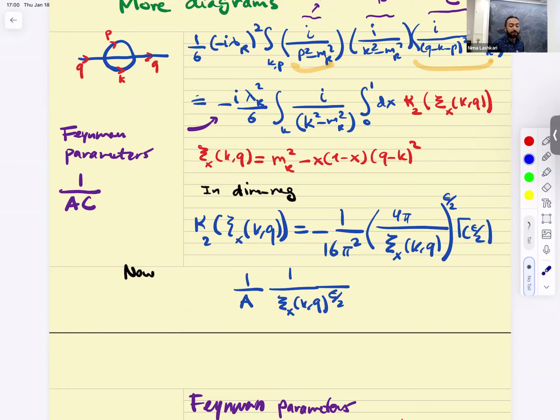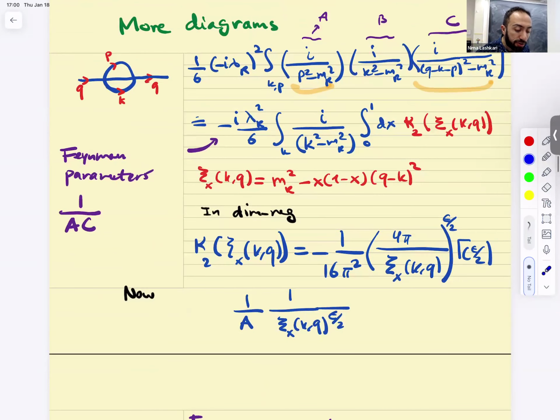What you need to focus on is that now in this new integral, you have 1 over b and 1 over c of x, because c of x is q minus k squared minus, it basically looks like this kind of structure. 1 over something, which looks like this, to the power of epsilon over 2.